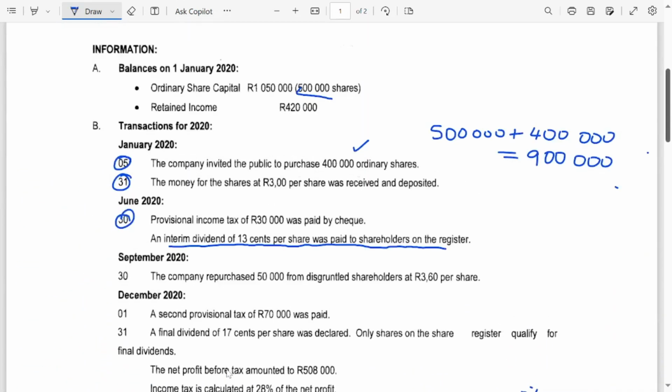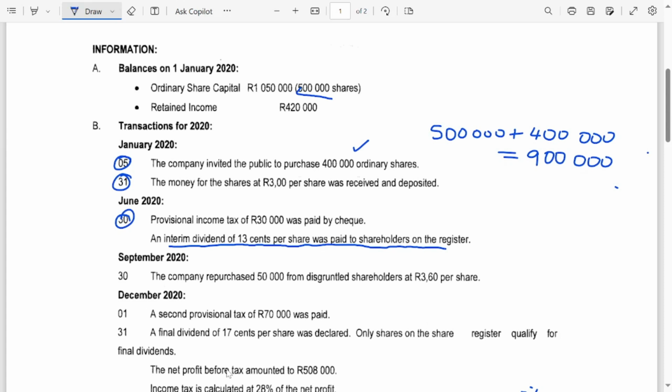So remember, for the dividends we have the interim dividend and the final dividends. The interim dividends, most of the time they are paid during the year, and the final ones are paid most of the time at the end of the year. But actually the final dividends are not paid at the end of the year. They're just being declared.